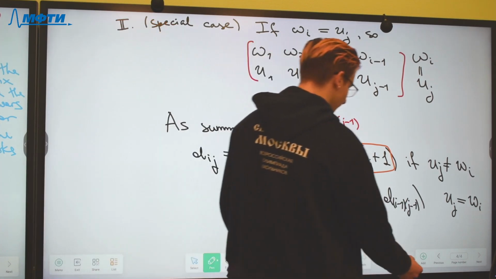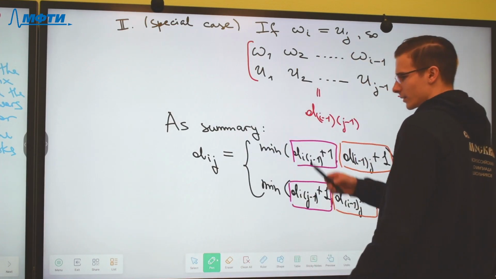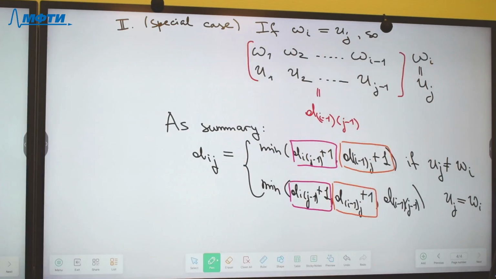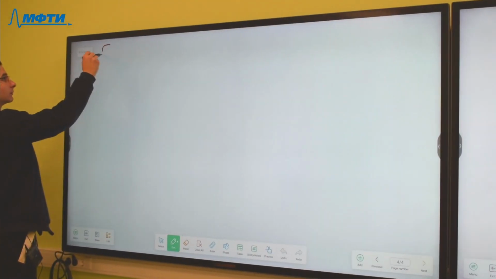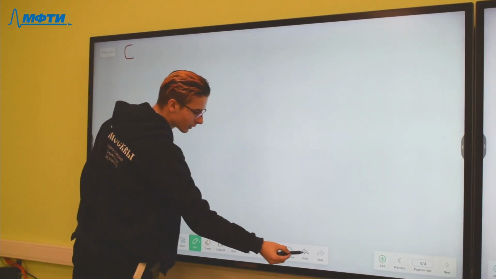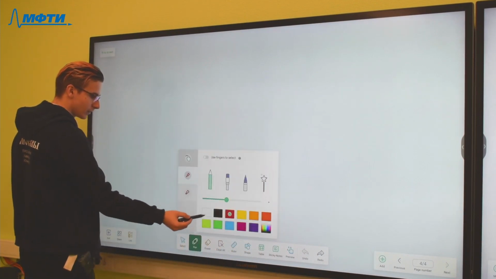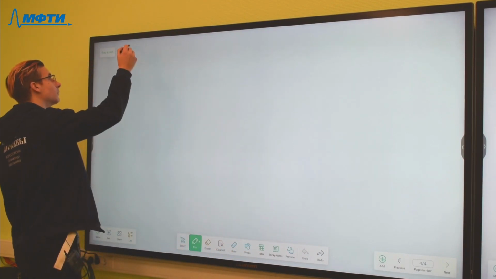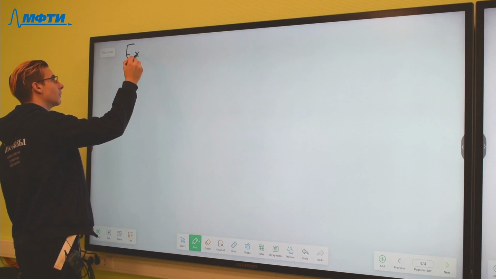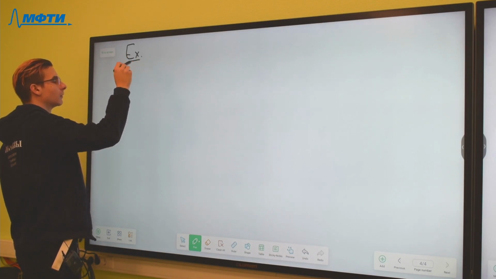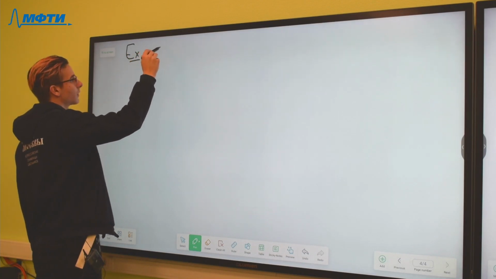So I go here and show an example of the working of this algorithm.